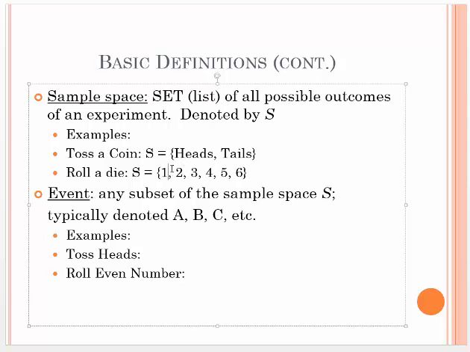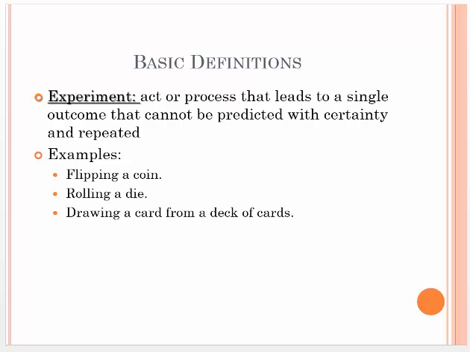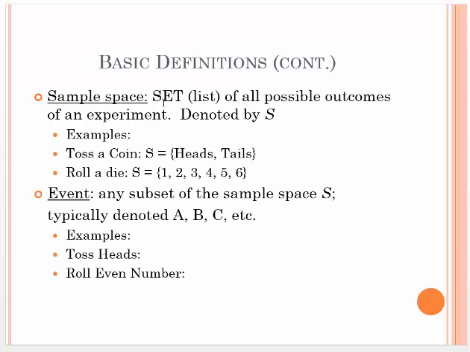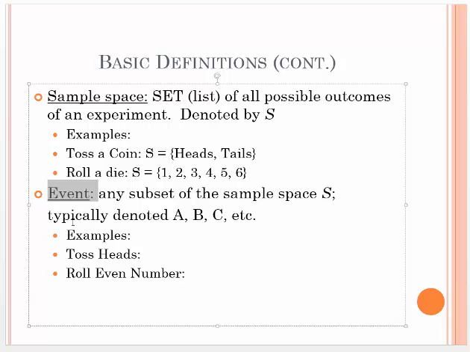So we're going to perform an experiment, and we're going to be interested in the sample space. If we perform an experiment, we know all the possible outcomes. What we're primarily going to look to derive the probability for are specific events happening. An event is any subset of a sample space S, and is typically denoted with a letter like A, B, C. But generally for events, I'm going to use the letter E. For example, if I toss heads, the list of possible outcomes for heads is only one: just heads.